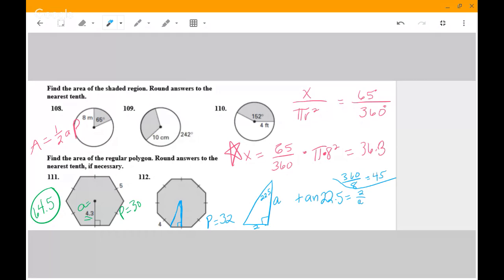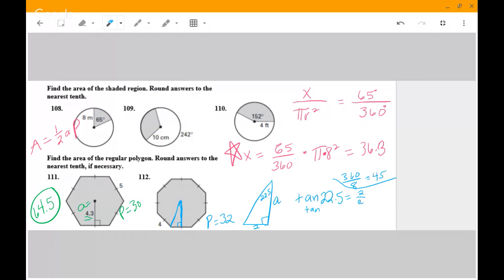Yes, I just used an A because it's the apothem, but x is fine. So it's 2 over the apothem, which means we need to cross multiply. And I don't know what tangent 22.5 times A is. So we're not done. You keep going.